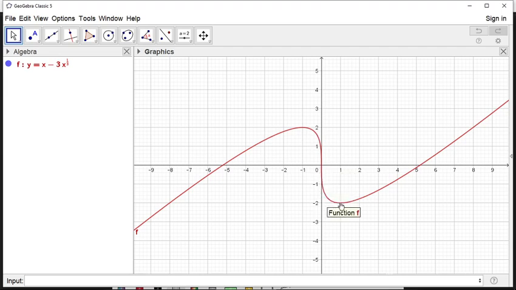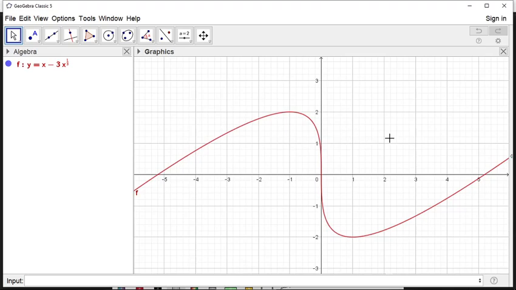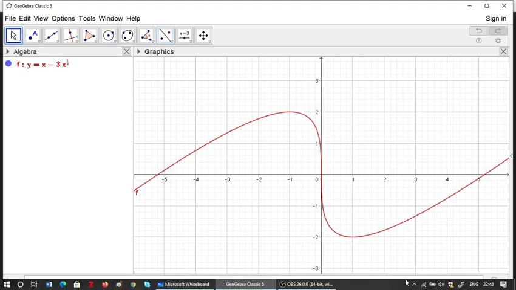Similarly, from 0 to 1 also it is decreasing, and from 1 to positive infinity, it is increasing. So we can check the graph. In this way, graphically also we can check whether the function is increasing or decreasing in a particular case.